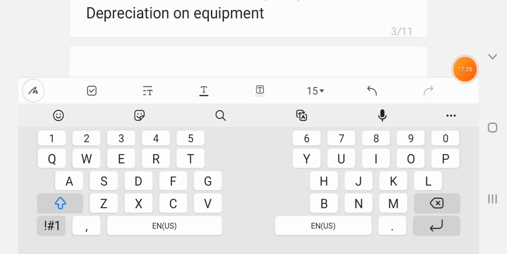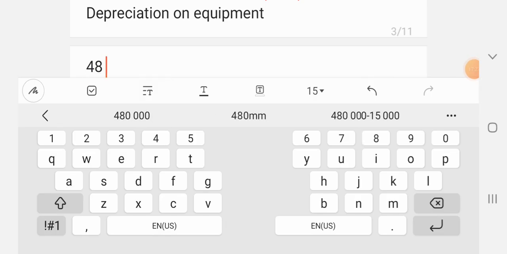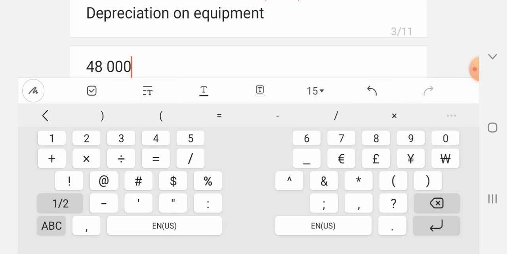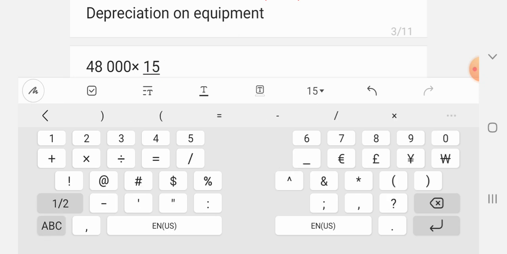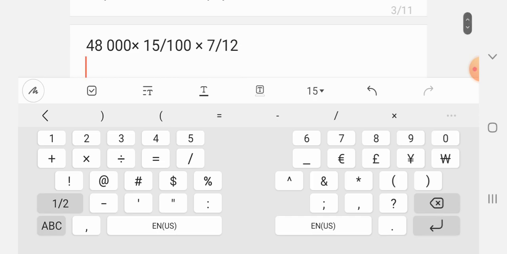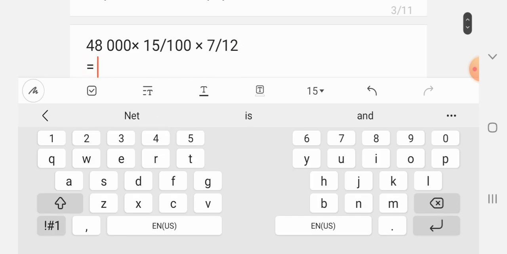So we will take the value of the alarm system, which is 48,000. We will multiply that by 15 divided by 100, times 7 divided by 12, because we had it for 7 months, and that will give us 4,200 rand.